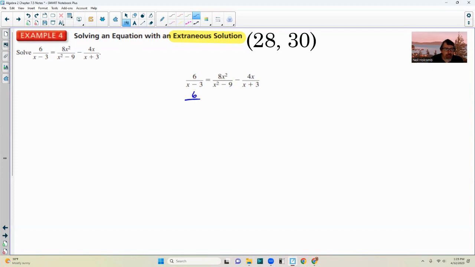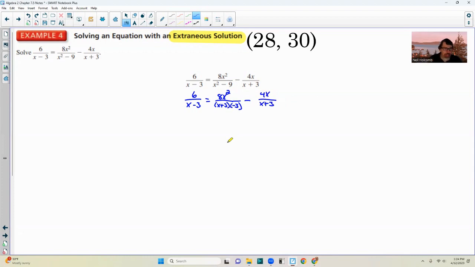I can't factor anything here, so 6 divided by x minus 3 is going to stay the same. 8x squared is a monomial, so there's nothing to factor there. But x squared minus 9 is a difference of squares, and that's x plus 3, x minus 3. Okay, and then it's going to be minus 4x over x plus 3.